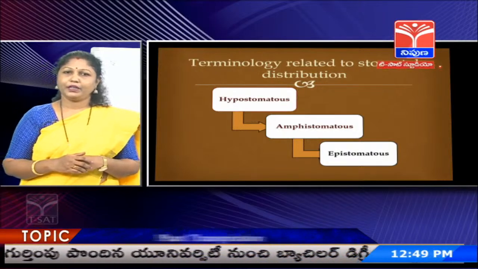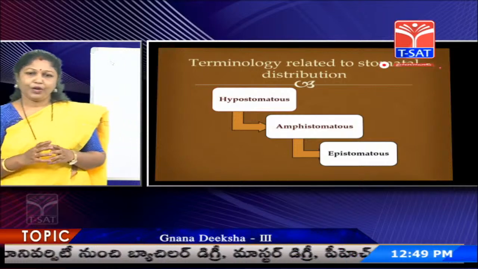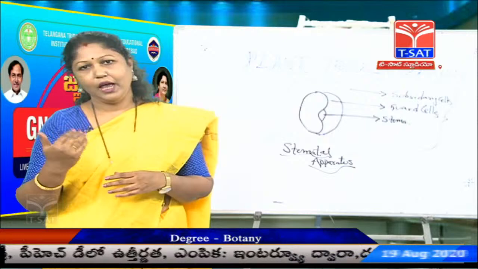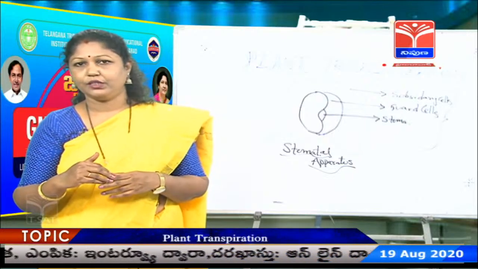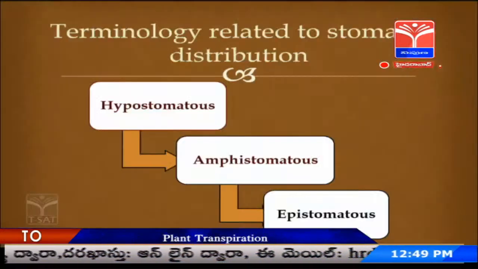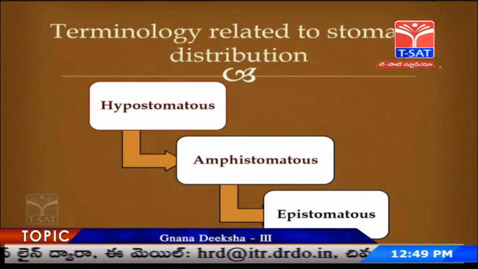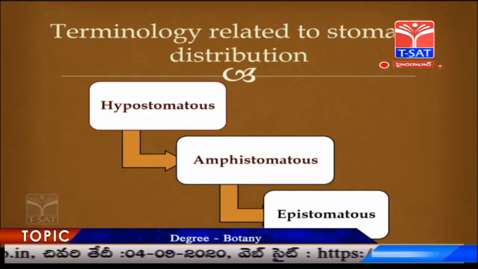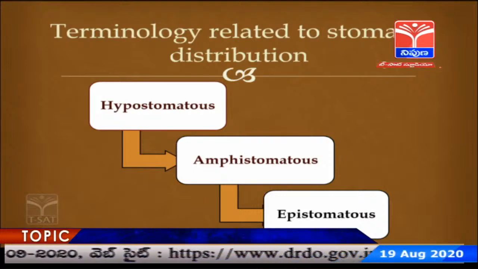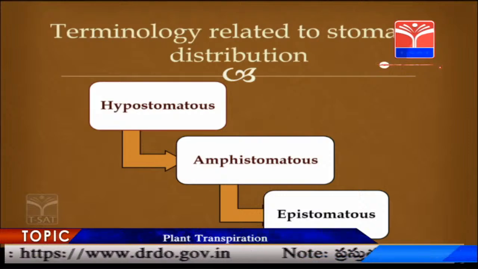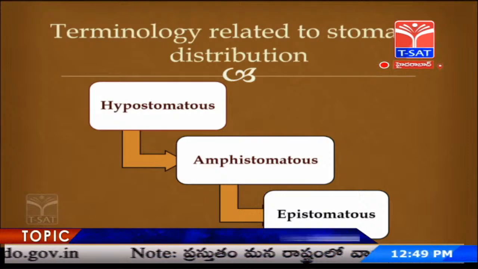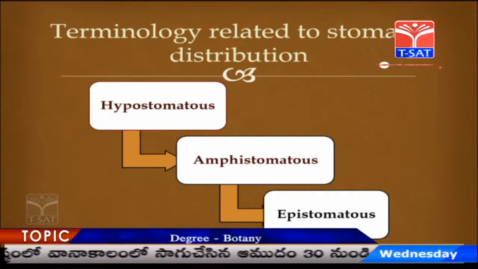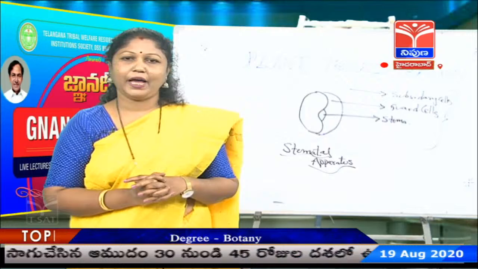Whereas, the amphistomatous condition is where we find stomata equally distributed both on the upper surface as well as on the lower surface. The epistomatous condition is characteristically observed usually in water plants, that is aquatic plants, where the amount of stomata is more on the upper surface and on the lower surface you do not come across any stomata. An example for the amphistomatous condition is most of the herbaceous dicotyledons.